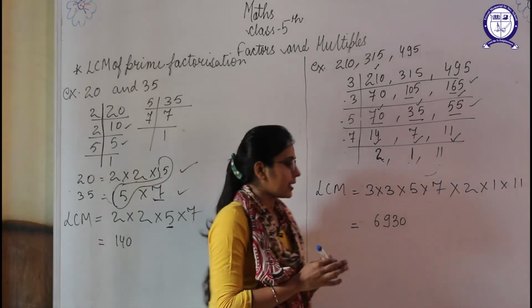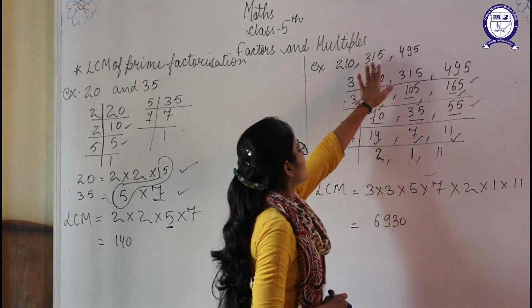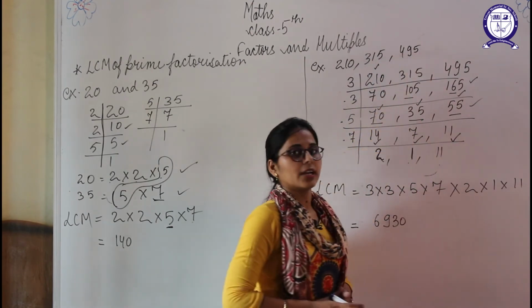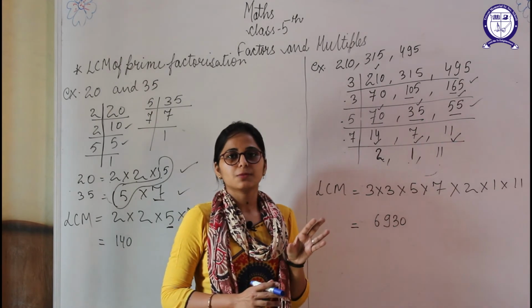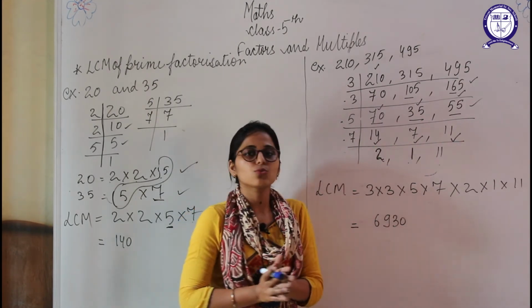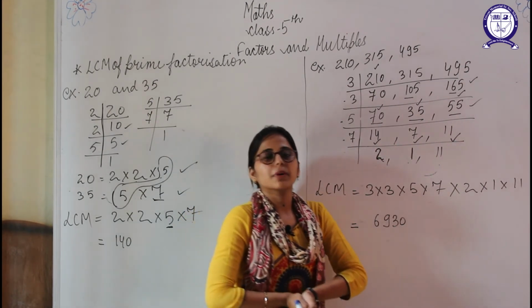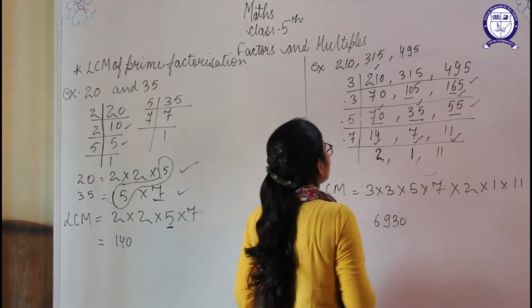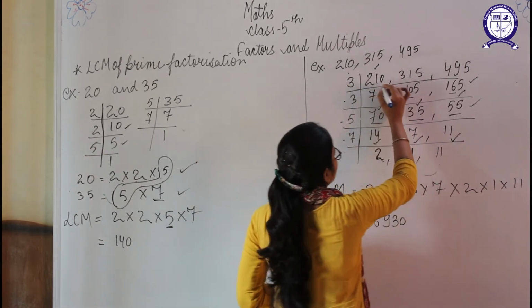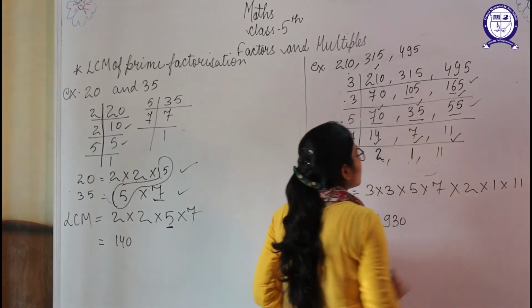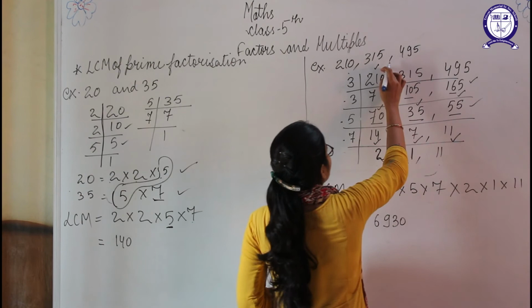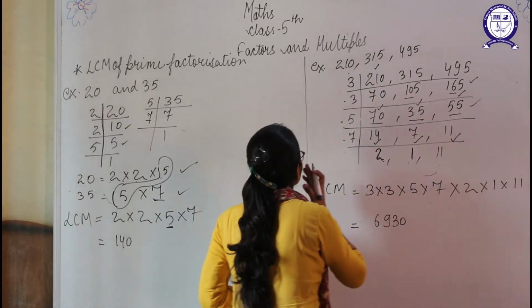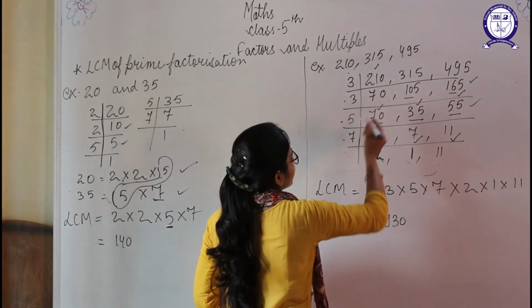Now dividing at the same time. So 210, 350 and 495. You have to choose that smallest prime number that divides at least 2 numbers from these 3 numbers. So here we are not taking 2 but we will take 3, because 210, 315 and 495, all these 3 are divisible by 3. So after dividing 210 by 3, it will give us 70.